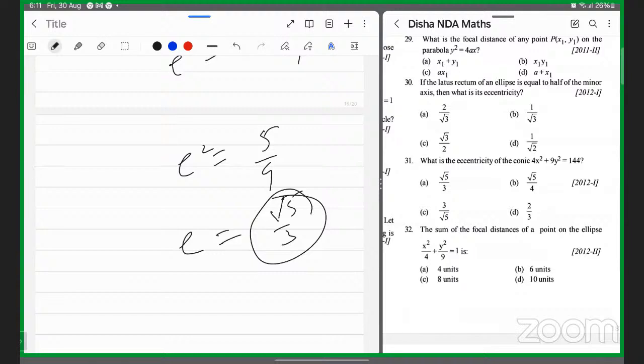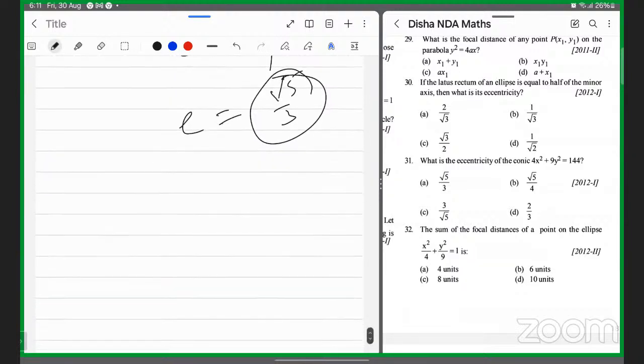So now solve 30. Hurry up. Do it, everyone. The latus rectum of the ellipse is equal to half of the minor axis. Then what is the latus rectum? You will do b square upon a.